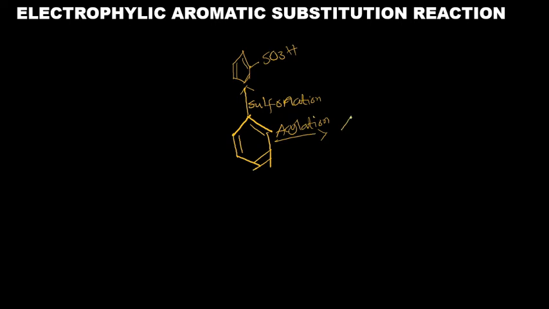So we have the benzene here, but then we have an acyl group attached to it. And then another example is halogenation. We can put it as halogenation.